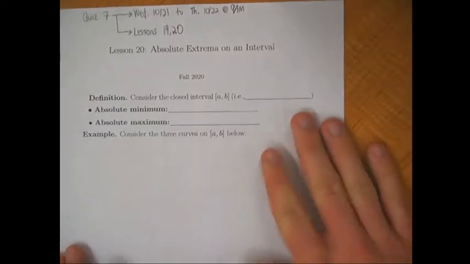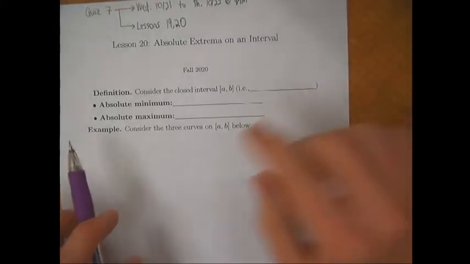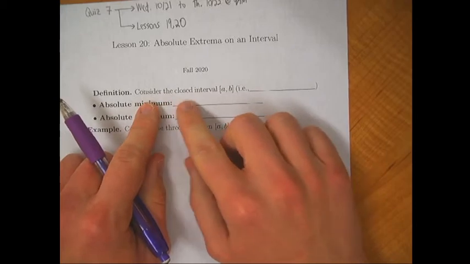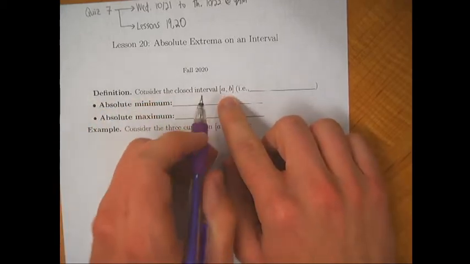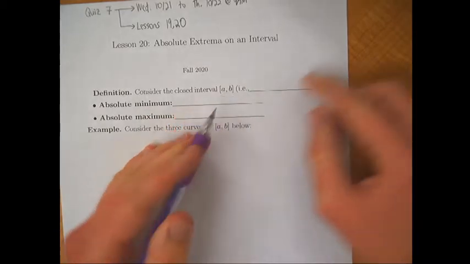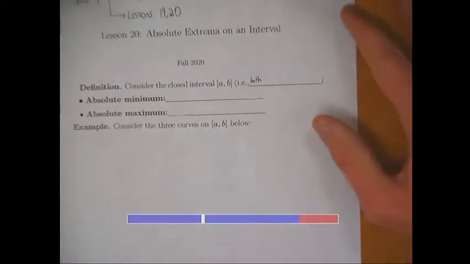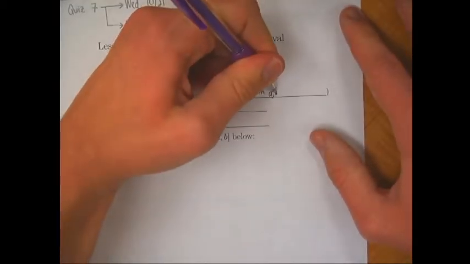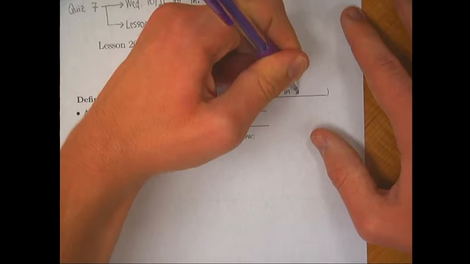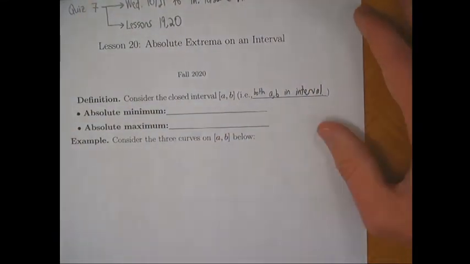Okay. All right. So let's take a look at lesson number 20, which is absolute extrema on an interval. For now, we are considering this closed interval a comma b. What that means is that if we have a closed interval, we have to include the endpoints, so both a and b in the interval. That's all that means.